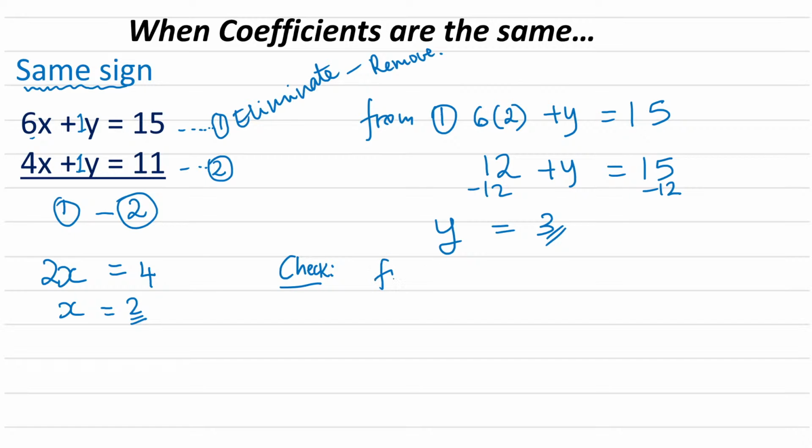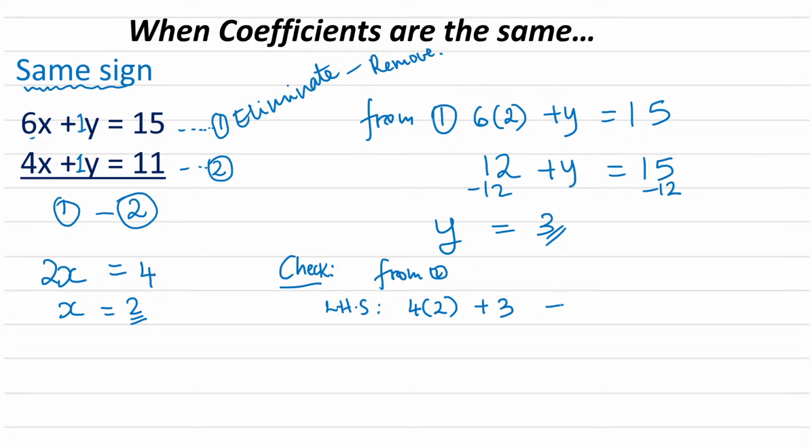So now, from equation 2, if we take the left hand side, it is 4x plus y. So 4 times x, which is 2, and then plus 3.